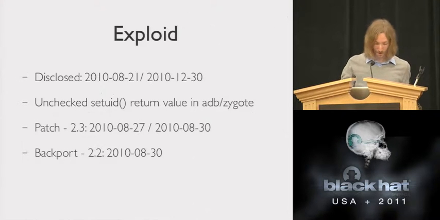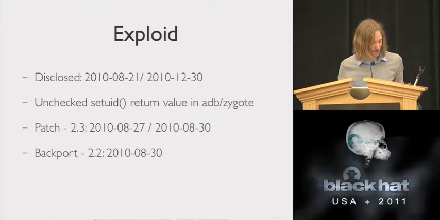And so ignore the disclosure dates up on the screen right now. The actual disclosure was July 15th of 2010, and it was patched both in 2.2 and 2.3. They didn't need to backport it at that point because 2.3 hadn't been released yet. But that was 4 days later on July 19th.